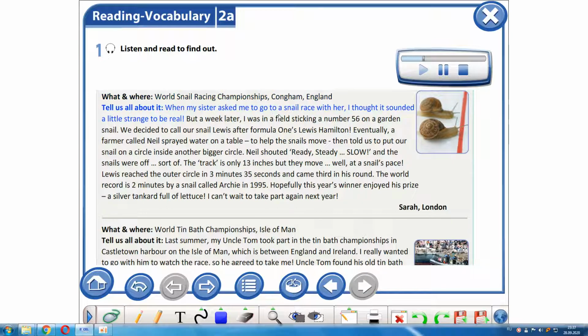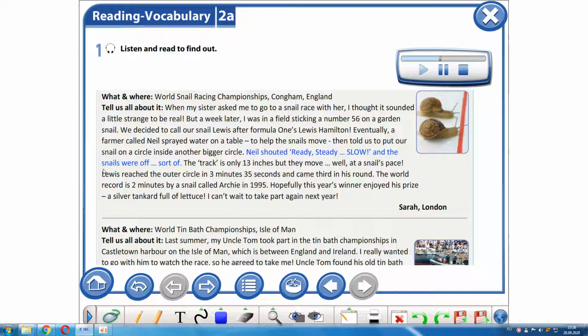When my sister asked me to go to a snail race with her, I thought it sounded a little strange to be real. But a week later, I was in a field sticking a number 56 on a garden snail. We decided to call our snail Lewis, after Formula One's Lewis Hamilton. Eventually, a farmer called Neil sprayed water on a table to help the snails move, then told us to put our snail on a circle inside another bigger circle. Neil shouted, "Ready, steady, slow," and the snails were off.